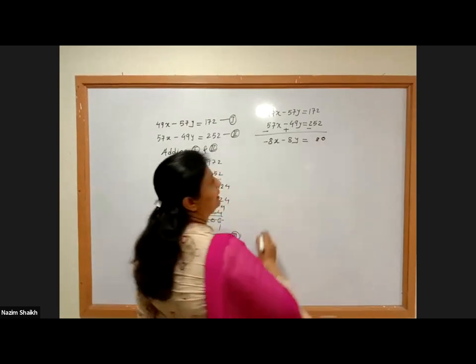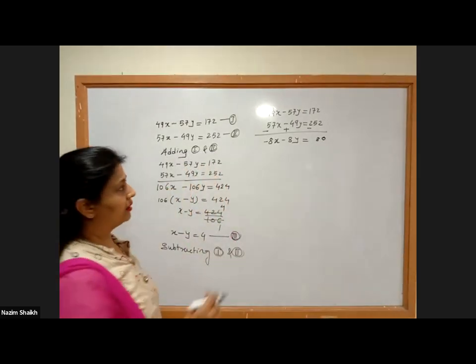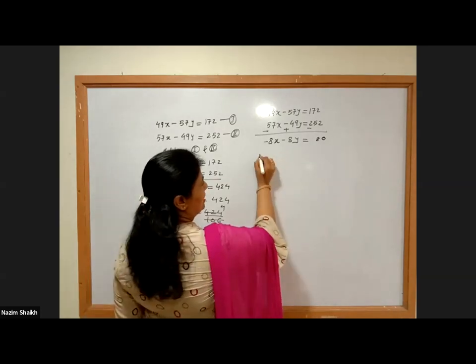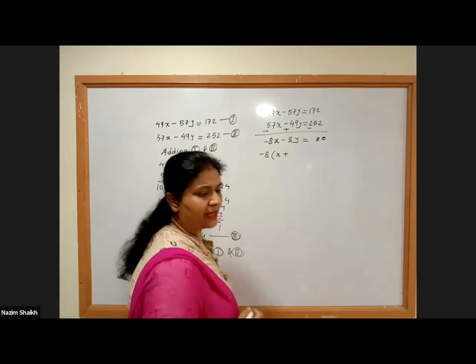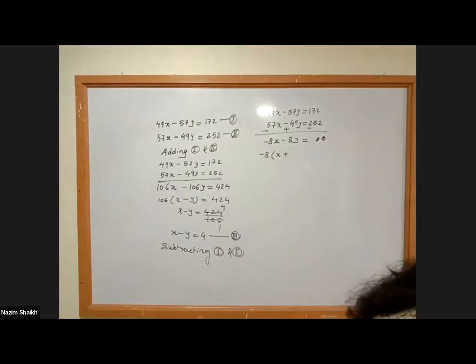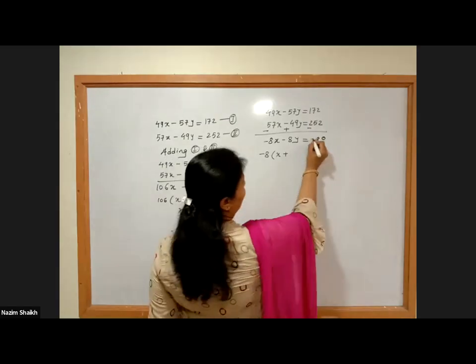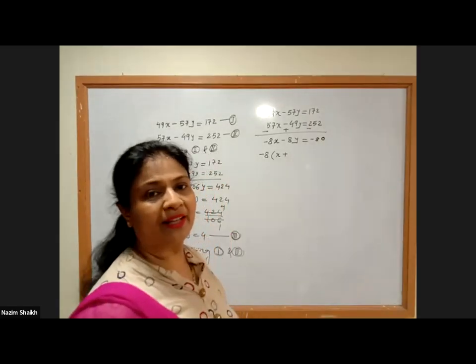How much I am getting? 80. Again I must say what is common? Minus 8. मैम minus 80 है. अच्छा minus, ऐसे minus 80 है. हाँ. Thank you, thank you. x plus y equals to minus 80.